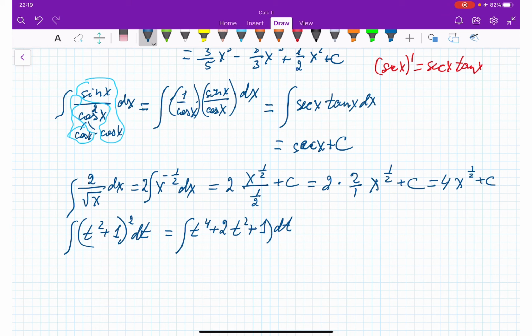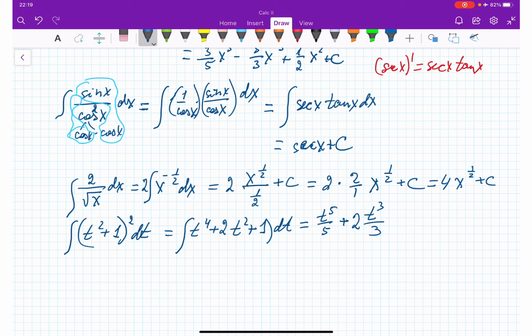Okay, this is going to be equal. We have t to power 4, then it's going to be t to power 5 over 5, right? Plus 2t squared. The 2 stays there. T squared is going to be t to power 3 divided by 3, right?